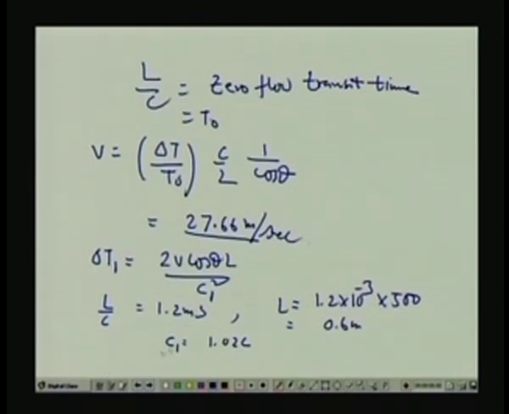So, let us take a new page. In the second case, delta T1 equal to 2V cos theta L by C1 square.